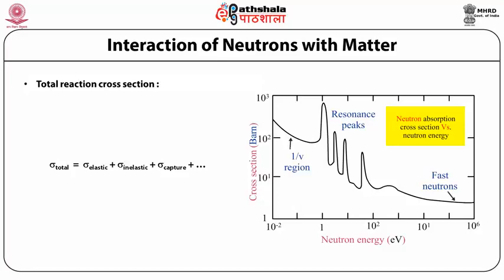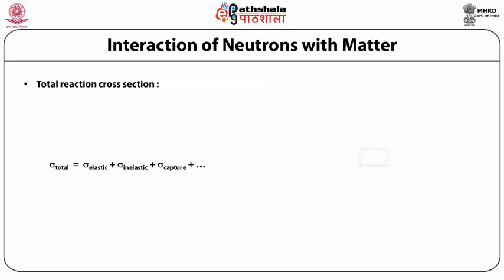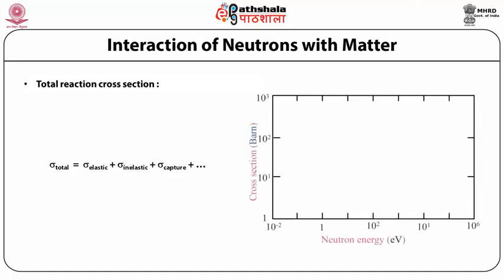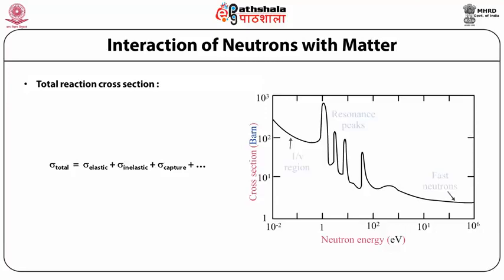The second conclusion is that for low energy neutrons, the cross section follows the 1 by v rule, where v is the velocity of the incoming neutron. So for low energy neutrons, the total cross section is directly proportional to 1 by v.